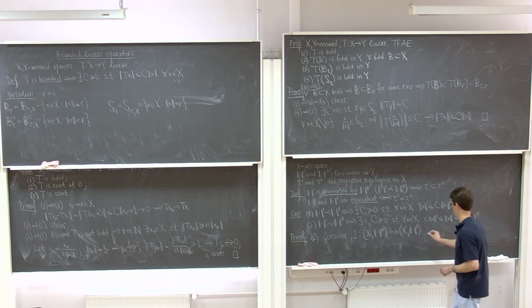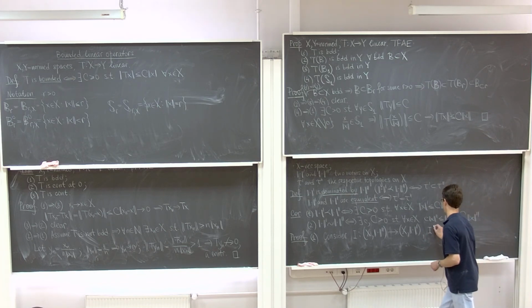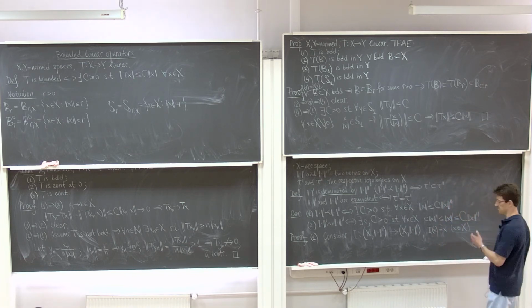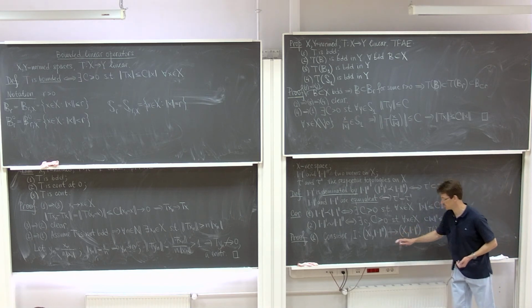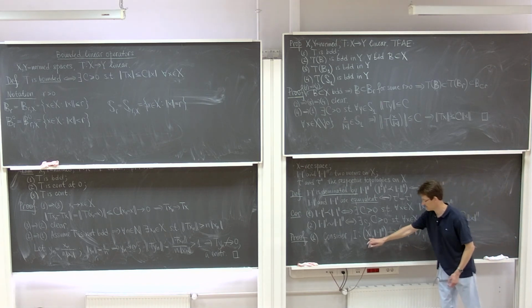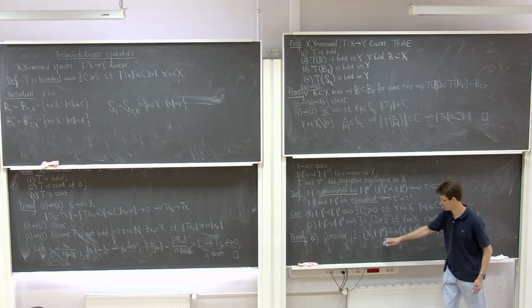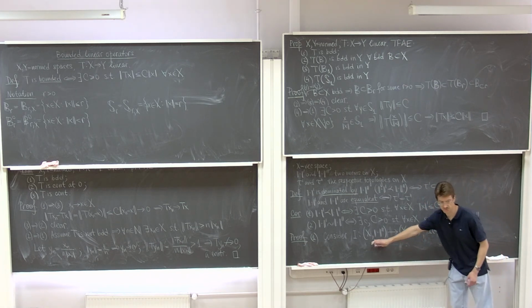And actually, this is just the identity map. So from the viewpoint of set theory, this is the identity map. But formally, we cannot call it the identity map because it acts between two different normed spaces. So the underlying vector spaces are the same, but the norms are different. So we have two different normed spaces here.